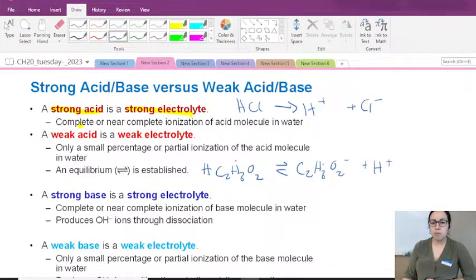But then this can reform acetic acid in solution. And so we can write then the opposite or backwards reaction. And so this gives us acetic acid back.